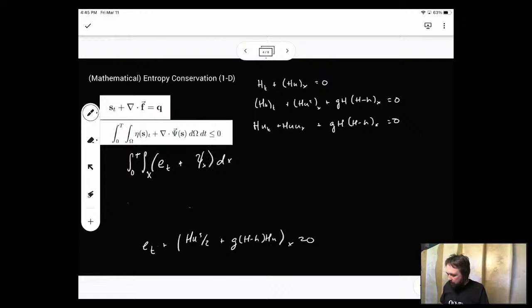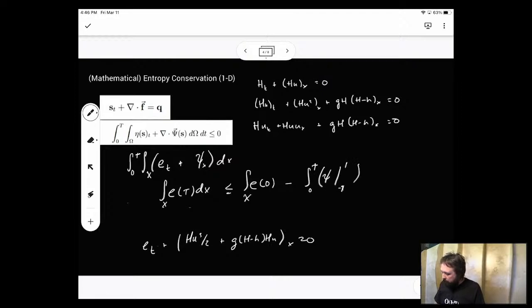Okay, if I do the spatial term using basically rules of integration, what I can show is that the entropy at the later time t, integrated over all of space, is less than or equal to entropy integrated over all of space from the initial condition minus any entropy that comes in from the boundaries over time. So I get psi at the, if I put my boundaries at minus 1 and 1, this is what I end up with.